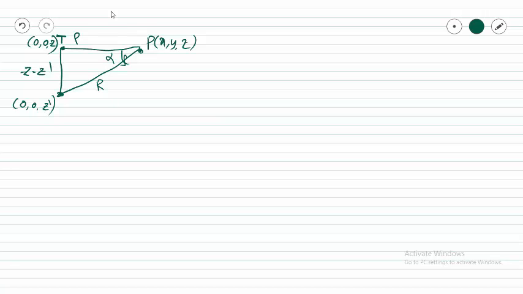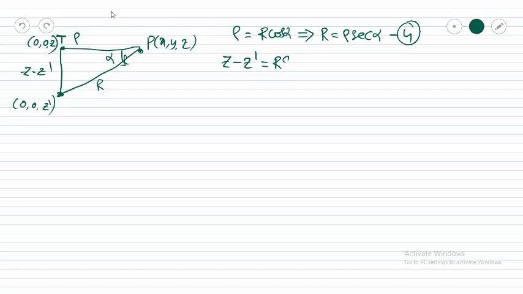From this figure I can note down that rho is equal to r cos alpha, which implies r is equal to rho secant alpha, let it be 4. And z minus z dash is equal to r sin alpha, which can be written as rho secant alpha into sin alpha. Secant alpha means 1 by cos alpha, so I will get rho tan alpha.